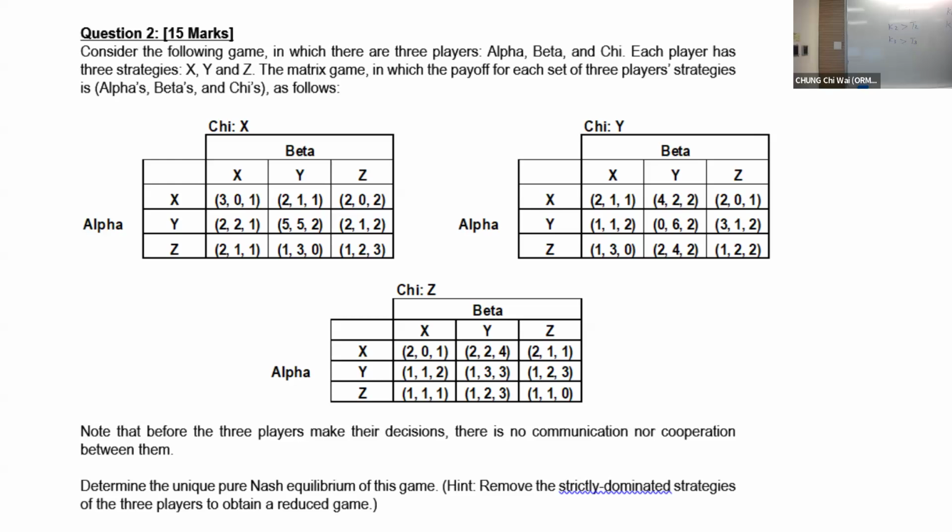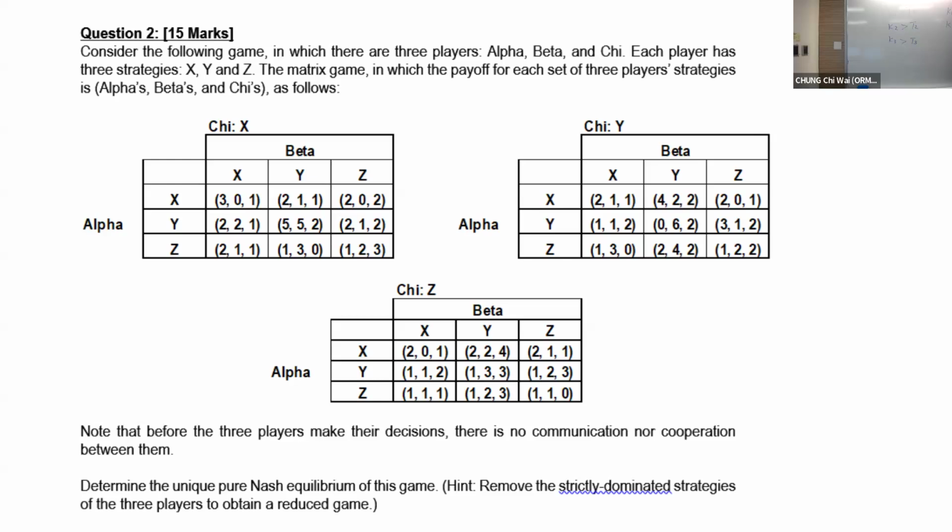Right? So I just apply the same method. For example, if beta chooses X, pi chooses X, what is the best result of alpha?